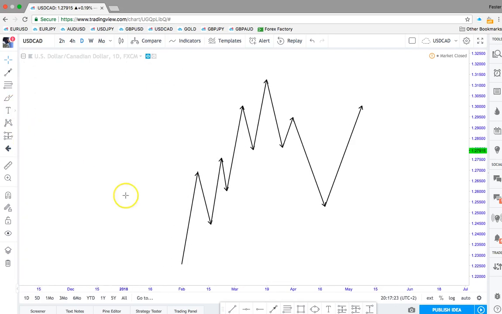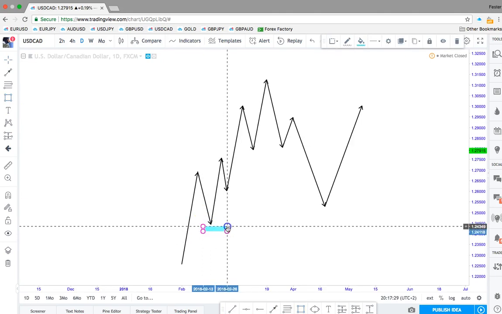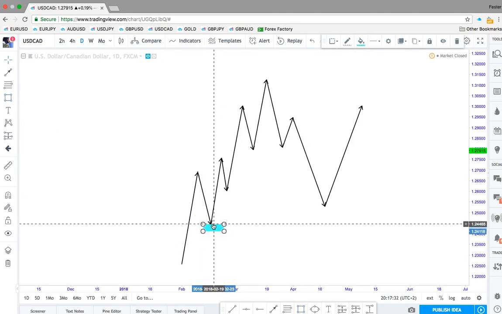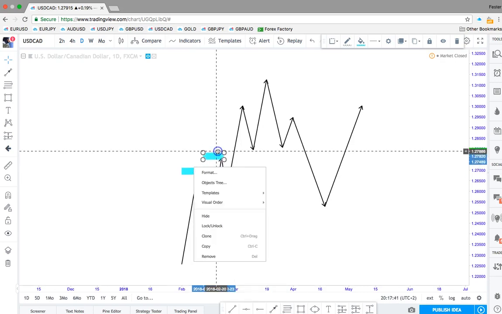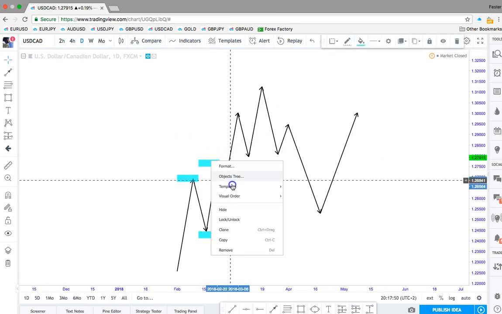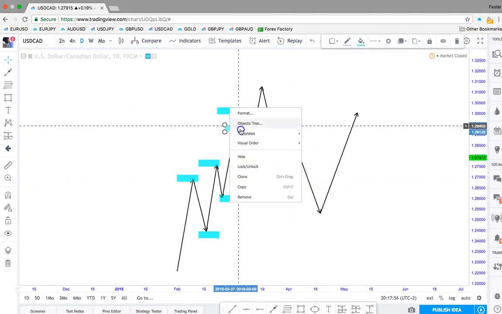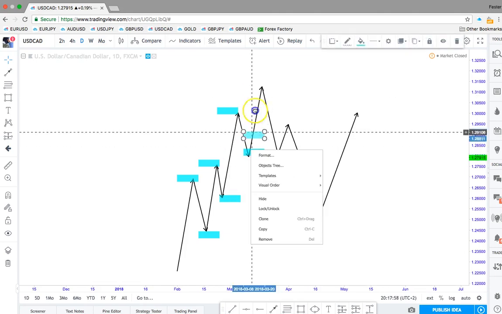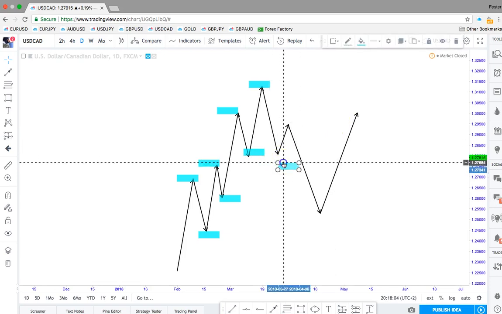So if I should label these points over here, so these are what you call swing points.